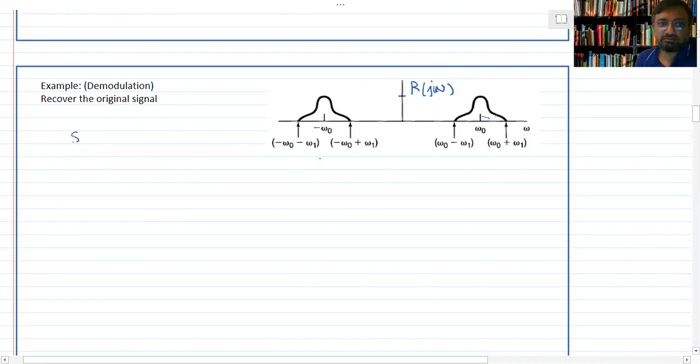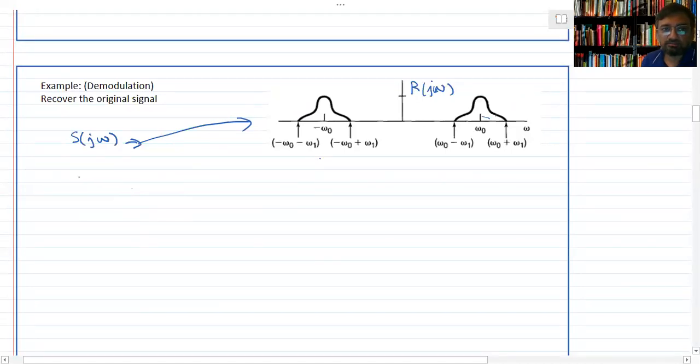That is, we want Sj omega back from this one. So once again, it involves shifting the spectrum to lower frequencies, because Sj omega was located at lower frequencies.